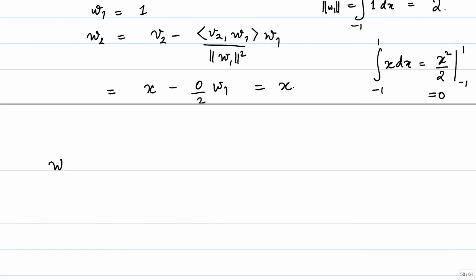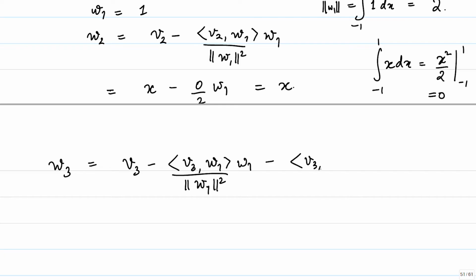How about W3? W3 will just be V3 minus the inner product of V3 comma W1 over the length of W1 square times W1, minus the inner product of V3 comma W2 over W2 square, times W2.